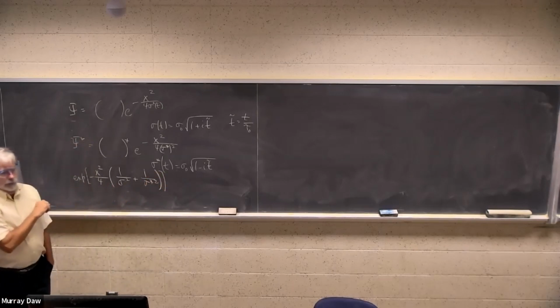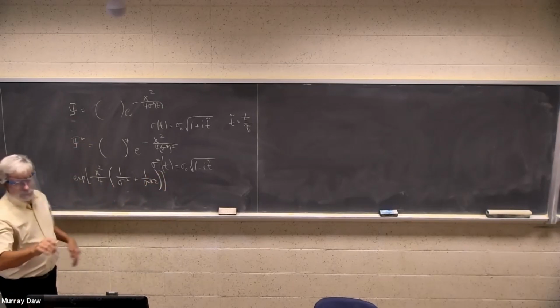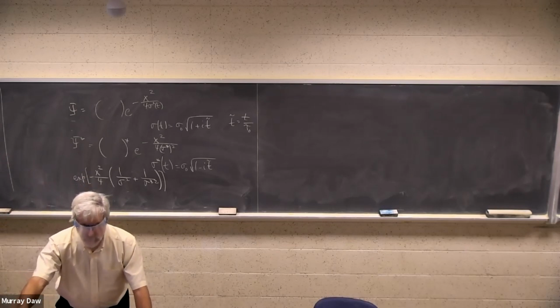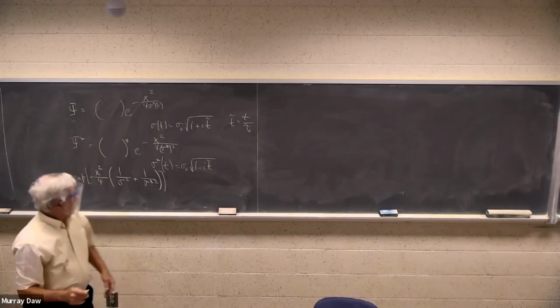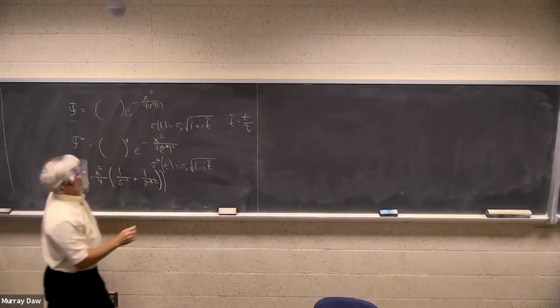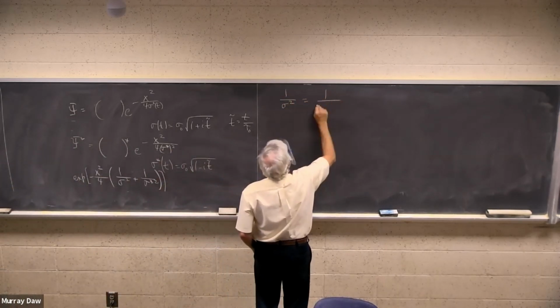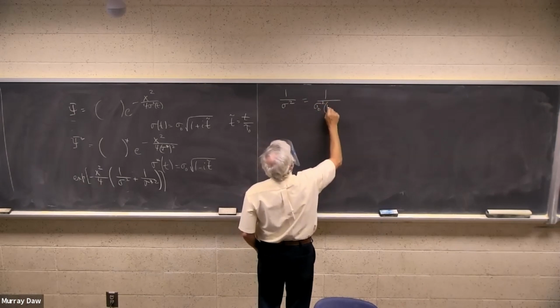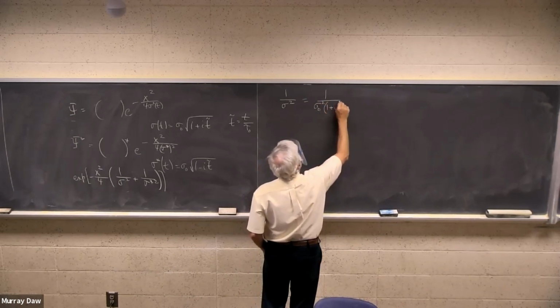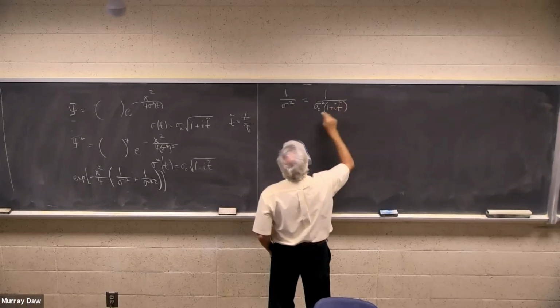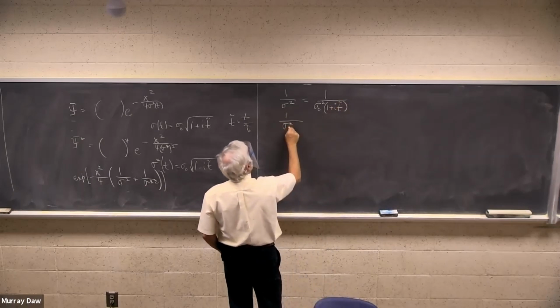Are you with me so far? Okay. So 1 over sigma squared is 1 over sigma naught squared times 1 plus i tau tilde, and then the complex conjugate of that.